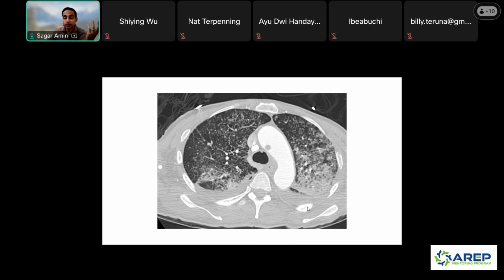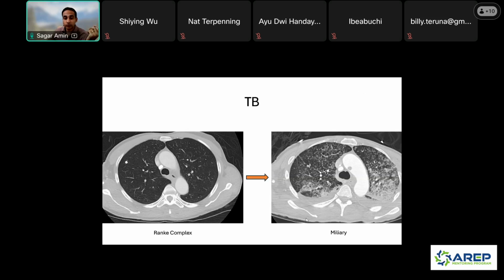So this is an example of a patient who had reactivation TB in the form of miliary TB. Incidentally, they did have this floating thrombus in the aorta as well. They didn't do well, but it's a good example of Ranke complex, and then it came back and became a miliary pattern of TB.